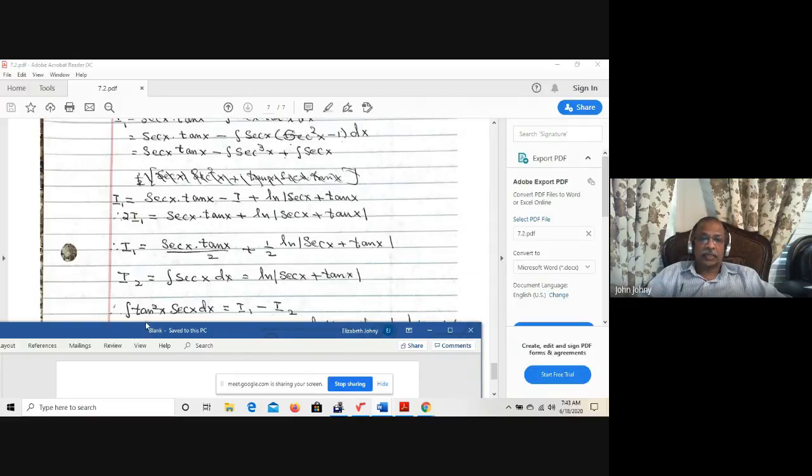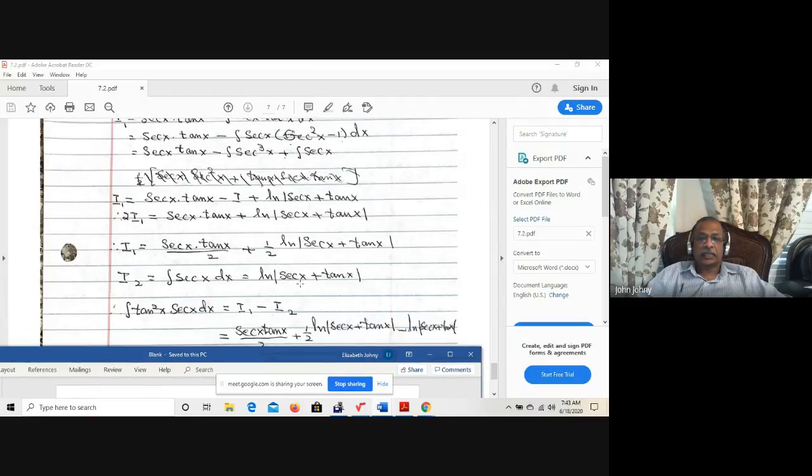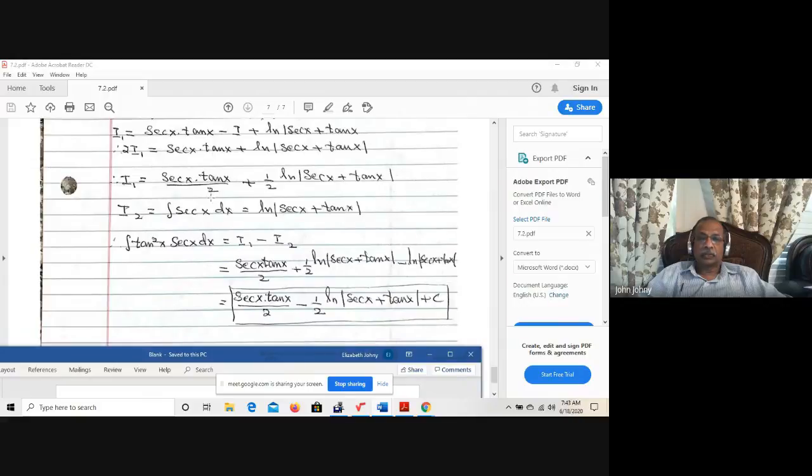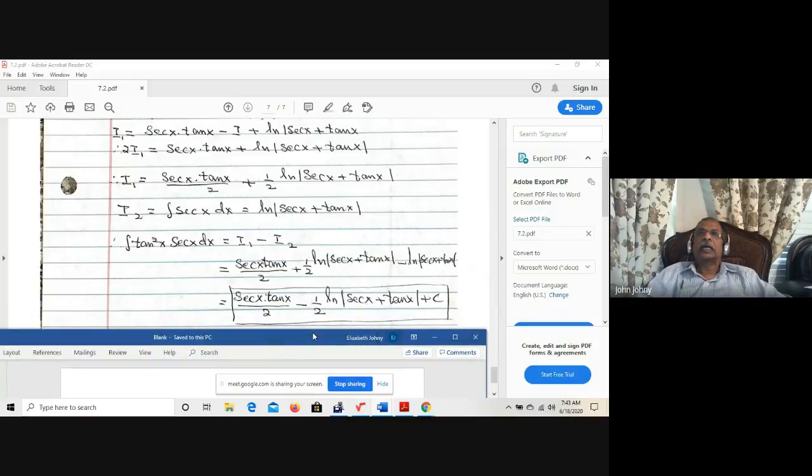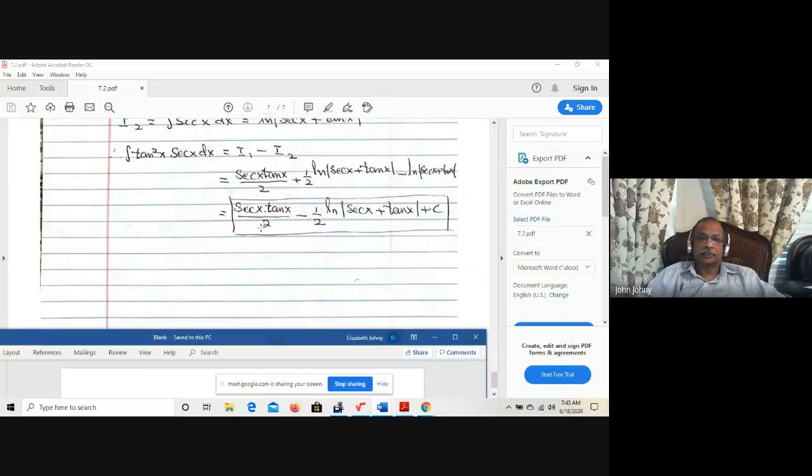So the integral of tan square x times secant x dx is I1 minus I2, and that is secant x times tan x over 2 plus 1/2 natural log of secant x plus tan x minus natural log of secant x plus tan x. 1/2 minus 1 is negative 1/2. Final answer is secant x times tan x divided by 2 minus 1/2 times natural log of secant x plus tan x. I know this is not a very easy one, so please practice it.